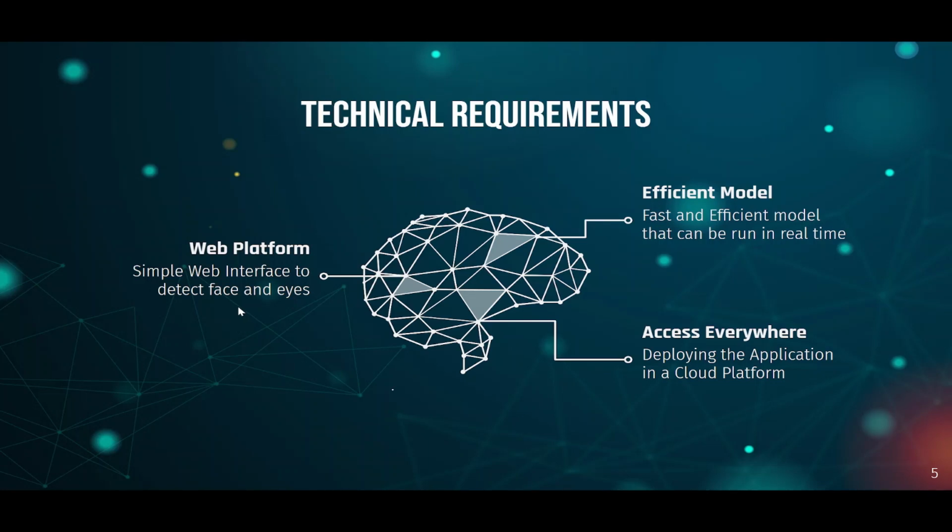The second point is that our model is gonna have to be efficient and fast, since our application is gonna be run on the client side, and that's a challenge that we will talk about later. It has to be efficient, since the application is a real-time one. The third point is accessibility. Our application has to be accessible from everywhere, which means that we have to deploy it in a cloud platform.